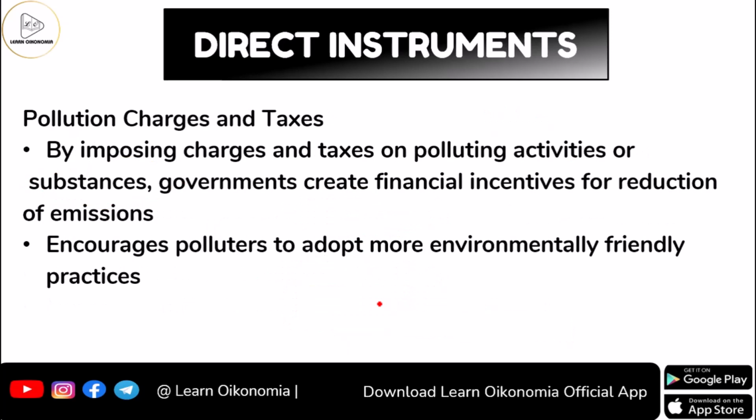Now, moving to the second direct instrument as far as pollution is concerned, it deals with pollution charges and taxes. Here the government would be imposing a charge or a tax on the activities that would be polluting. How do certain activities become polluting?